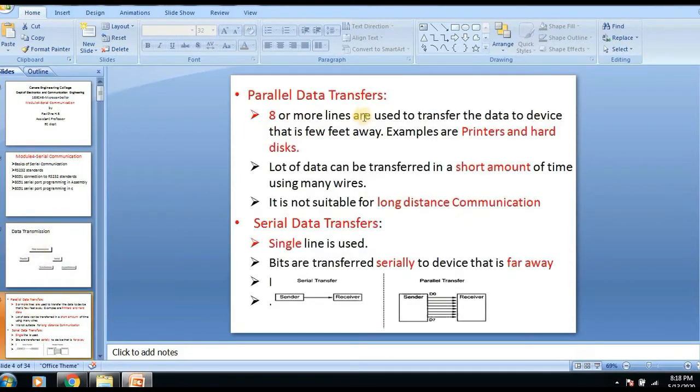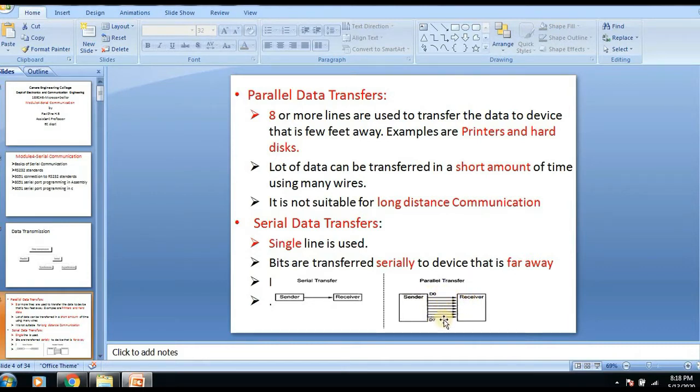Usually any digital data is represented in the form of bytes, and one byte refers to 8 bits. So in parallel data transfer, to transmit the 8 bits, there will be 8 lines, as you can see in this diagram. Here we have a sender and a receiver, and the bits we need to transmit from the sender to the receiver are D0 to D7.